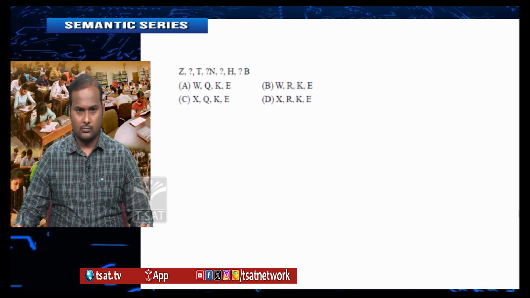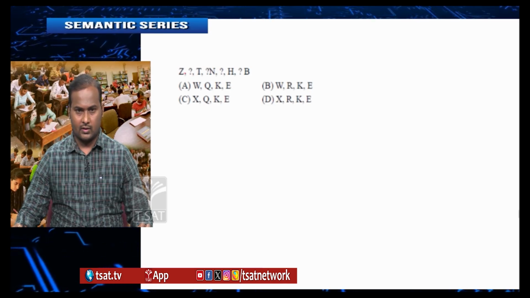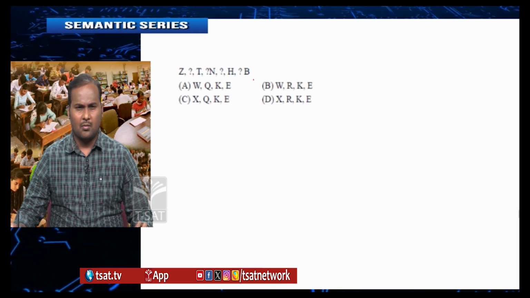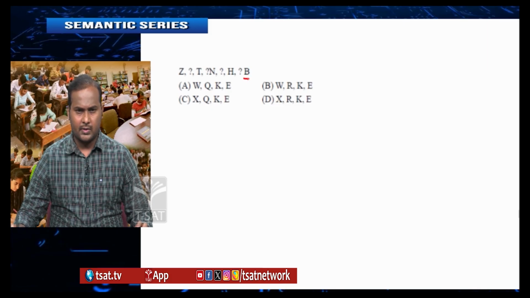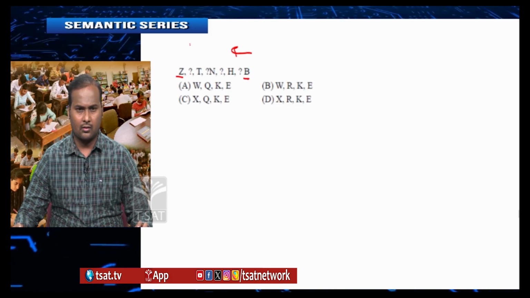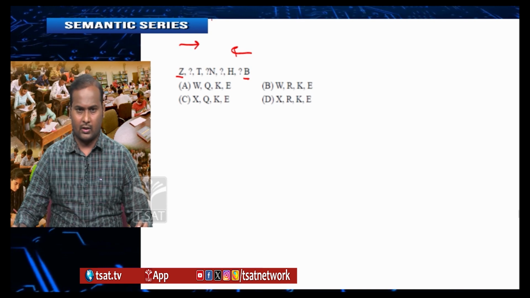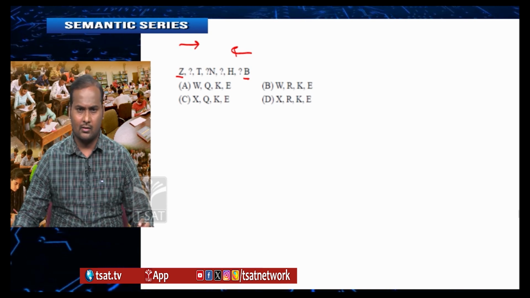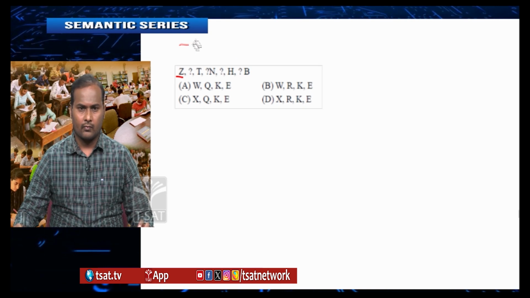See in this question, this is the series that is given, but here it is B, here it is Z. So either it is increasing in this format or you can decrease in this particular way. You can do it in either way, that answer will be correct.